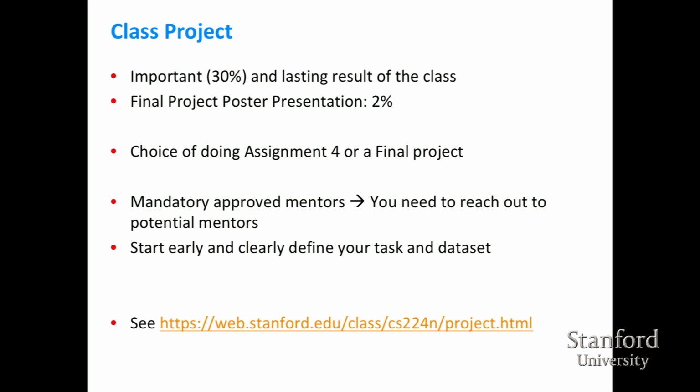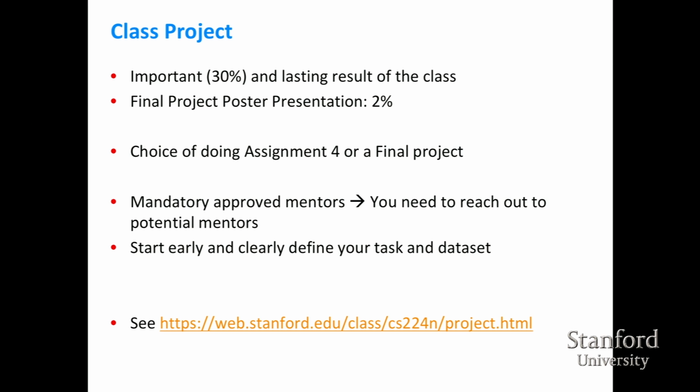Class projects. This is for many the most lasting and fun part of the class, but some people also don't have a research agenda or some interesting data set, so you don't have to do the project. If you do a project, we want you to have a mandatory mentor. The mentors that are pre-approved are all the PhD students and Chris and me.